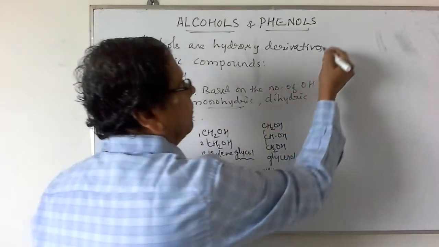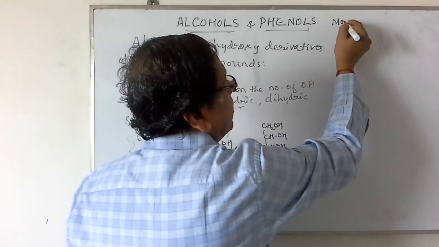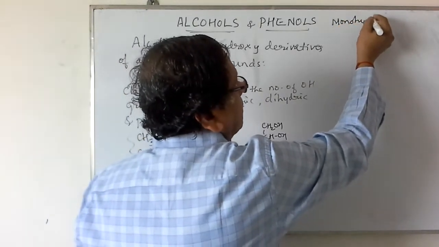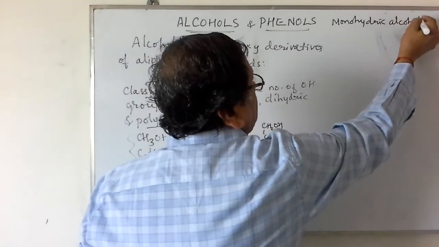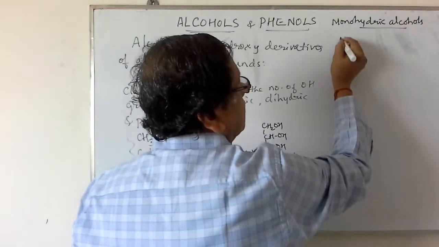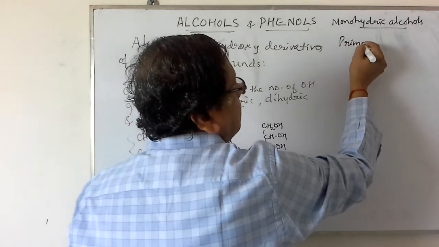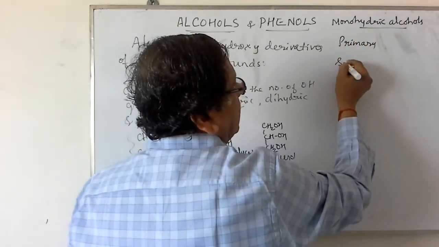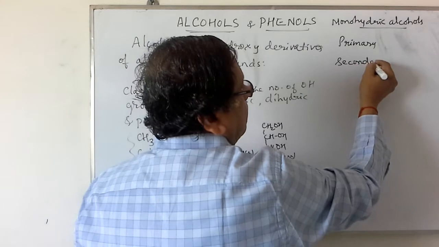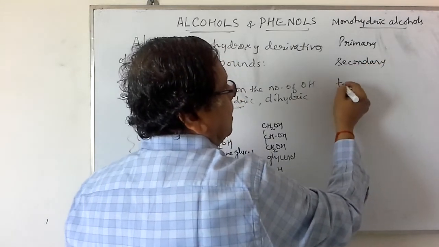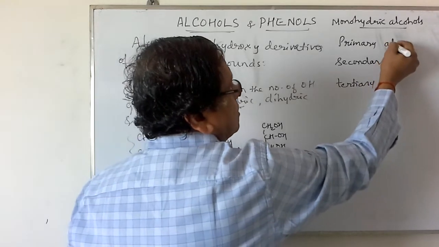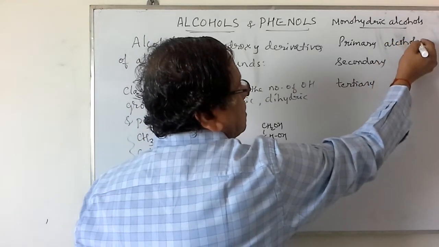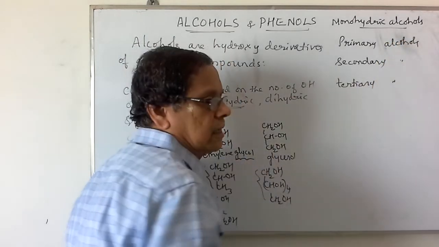Coming to the second method of classification, monohydric alcohols are further classified as primary, secondary and tertiary alcohols.